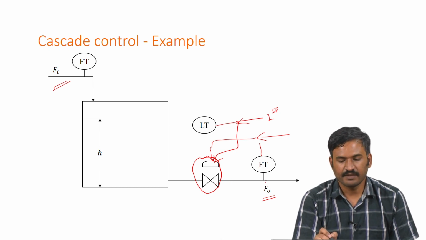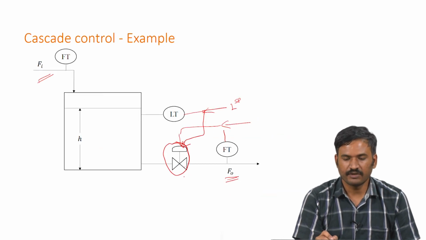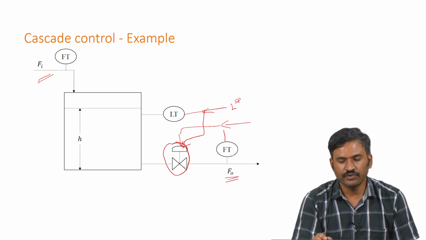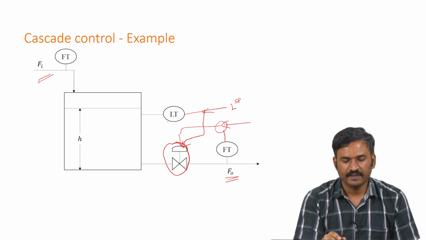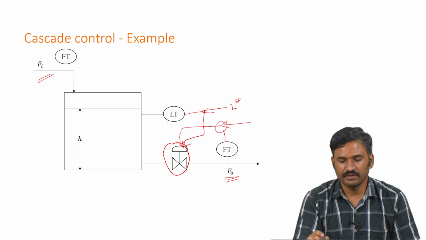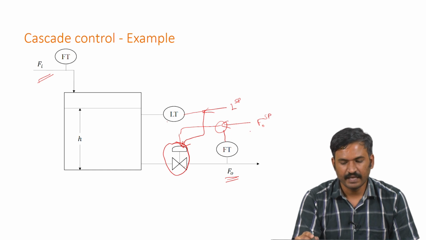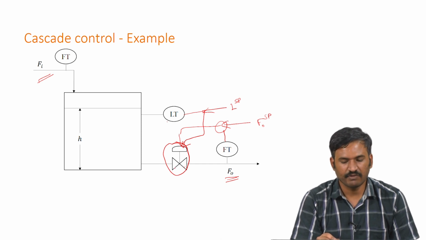Suppose let us take this case where the output flow rate is directly used to control this level. Then there is no information for this flow controller from this level. So, this flow controller only looks at the set point of the outlet flow which we are setting and the flow transmitter reading, and with this error it controls the control valve opening.